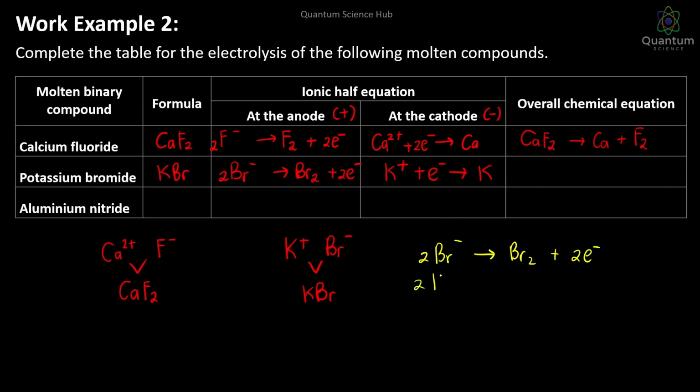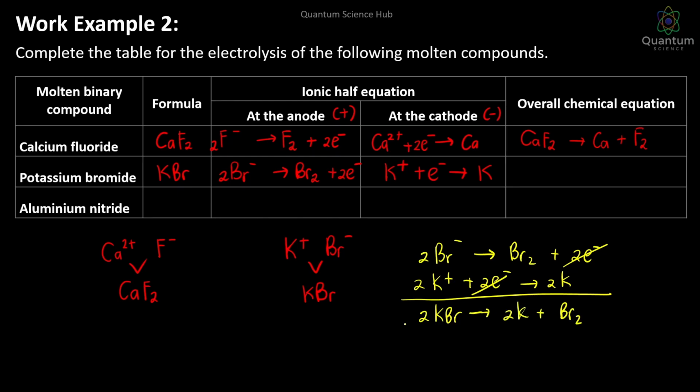So it becomes 2K+ plus 2 electrons become 2K, right? Now you can cross out the electrons. Then what is left? 2KBr. So the overall chemical equation here is 2KBr will become 2K plus Br2.